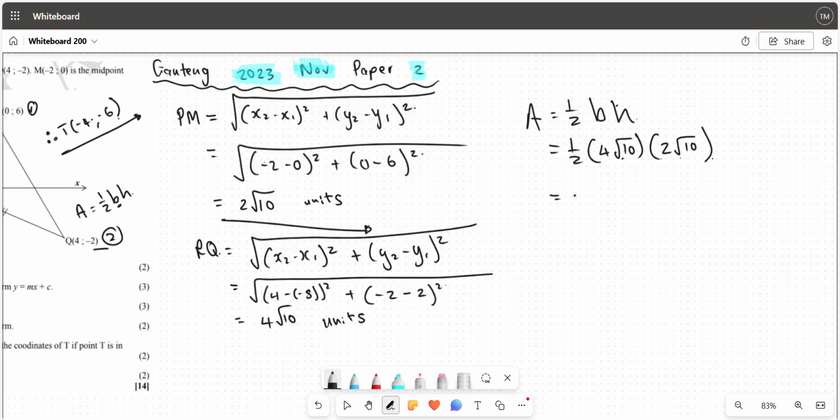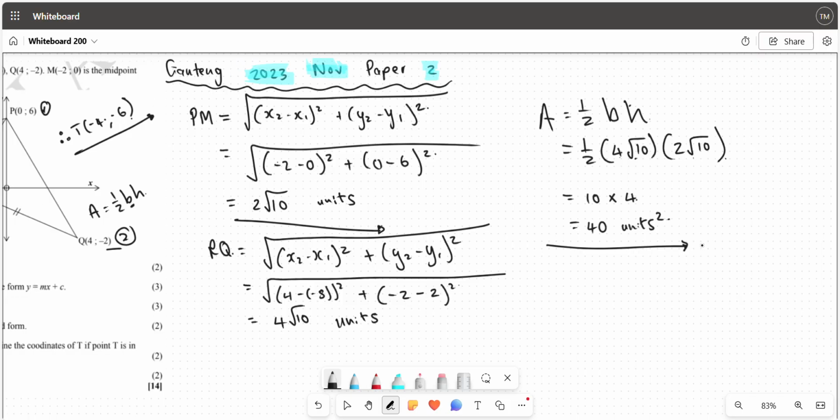This and that will give me a 10, this and that will give me a 2, 2 times that will give me a 4, so this should be a 40 units squared. Let me just double check that with my calculator. 0.5 times 4 root 10, that is times 2 root 10. Yes, you do get 40.